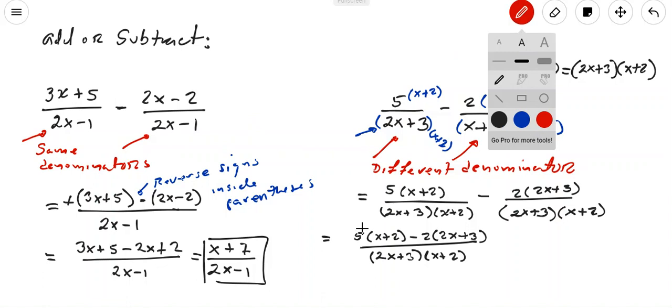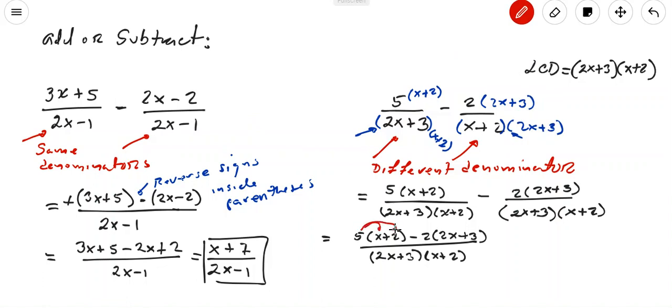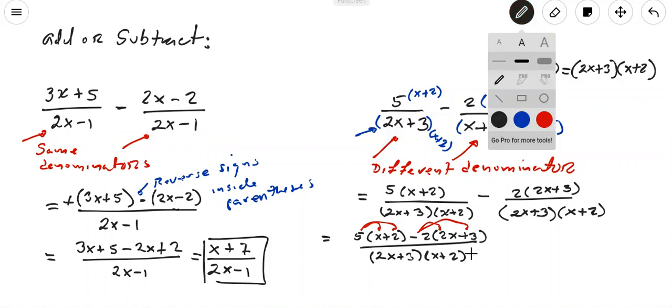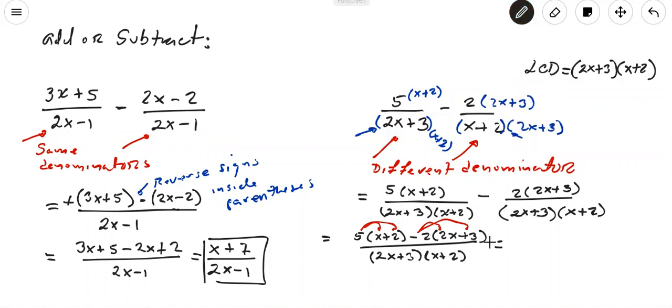So we'll multiply 5 times x, 5 times 2, negative 2 times 2x, negative 2 times 3. What I have now is 5x plus 10 minus 4x minus 6, all over 2x plus 3 times x plus 2.